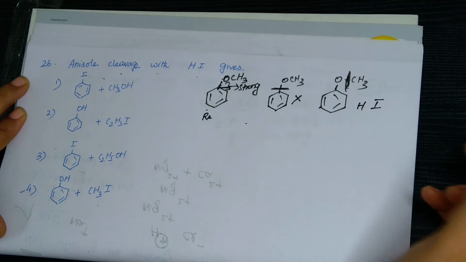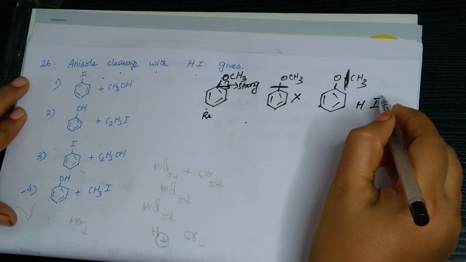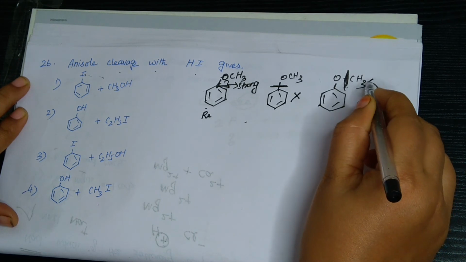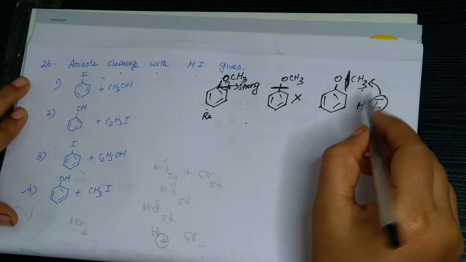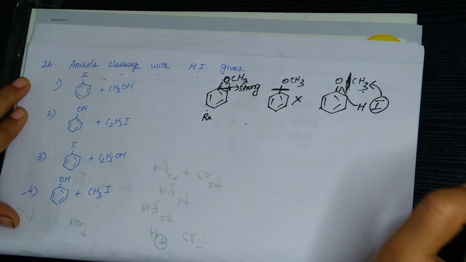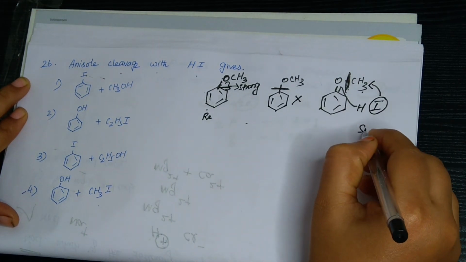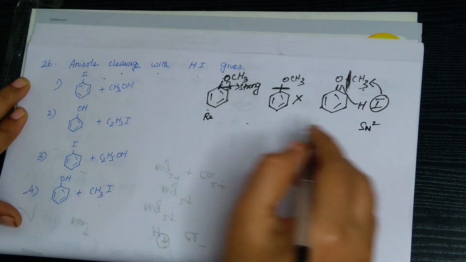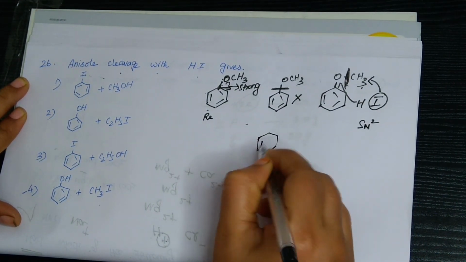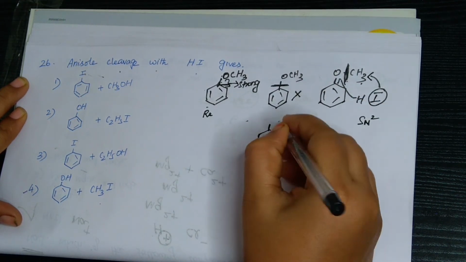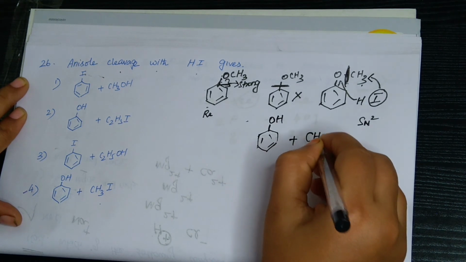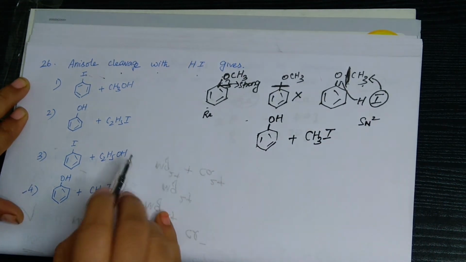H and CH3. See, in this case, I is a bulkier group. It will move towards the smaller group. And H is a smaller group and it will move towards the bulkier group. It follows SN2 mechanism. So the product will be, since only one bond will be breaking, OH plus CH3I.